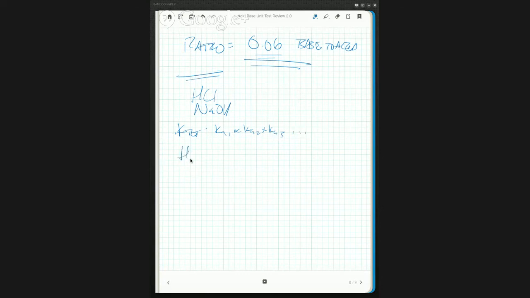Your equation is H2C2O4, a diprotic weak acid, which is why we have the Ks, plus 2 H2O, and we know where this is headed: 2 H3O plus plus C2O4 2 minus.